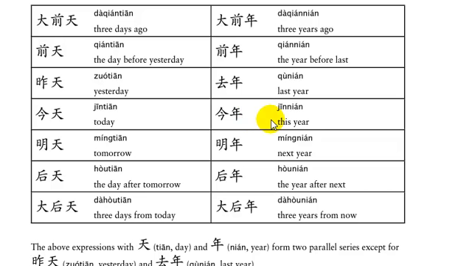Notice how year is expressed. This year is 今年. Last year isn't 昨年, it's 去年. The year before last is 前年, and three years ago is 大前年. Then we have 明年 for next year, 后年 for the year after next, and 大后年 for three years from now. The only exception here is that last year is not 昨年, it's 去年.